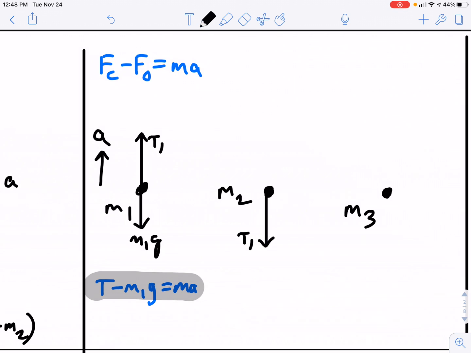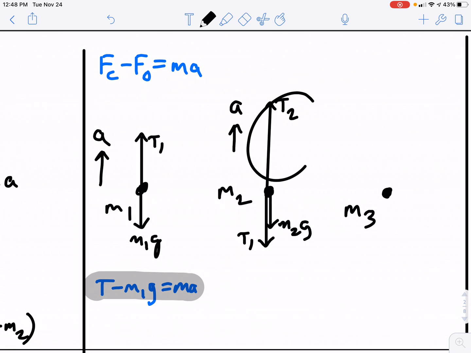Going down, you also have weight 2, or M2G. And since mass 2 is also accelerating upwards, you have tension 2. You have to make sure that tension 2 is longer, because it's accelerating upward, than the combined forces of T1 and M2G.